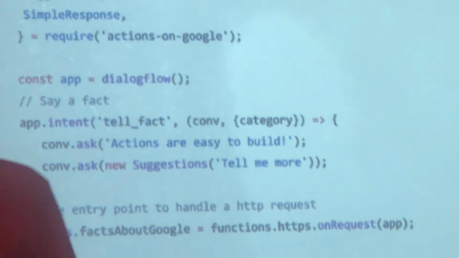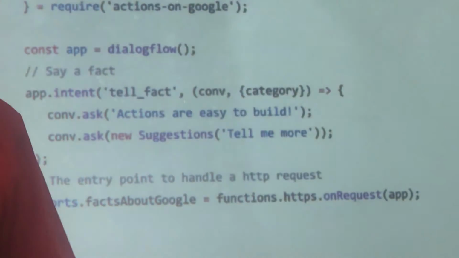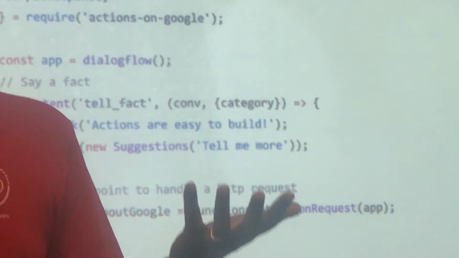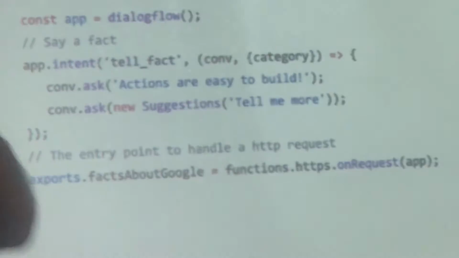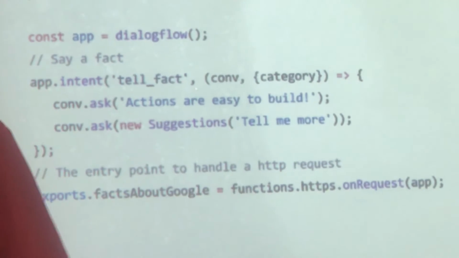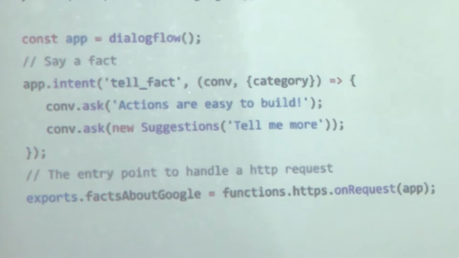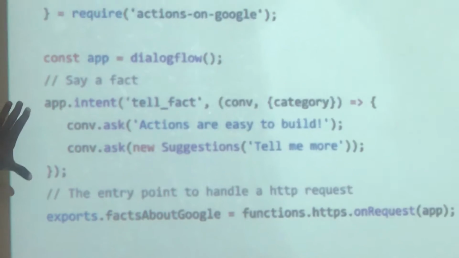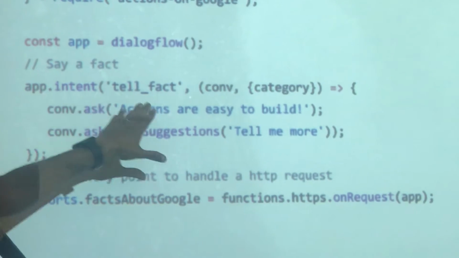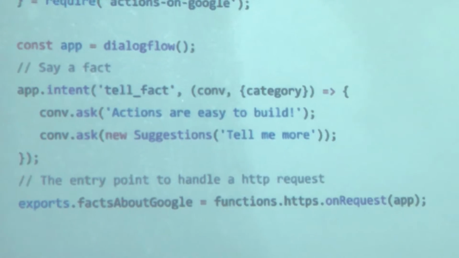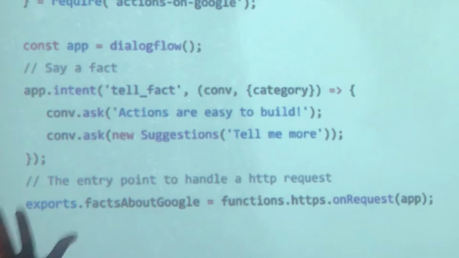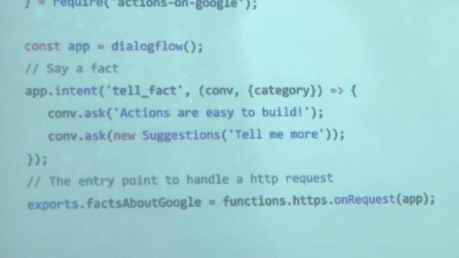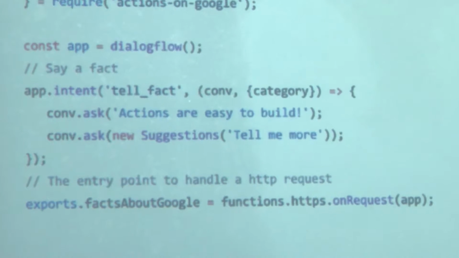So we do provide client libraries that abstract out a lot of these things. We have one today, which is based on Node.js and JavaScript. Here's an example. I know it's probably not very easy to read, but I can read it out: here's an intent called tell fact, and here's how I'm going to respond to it, right? It's very straightforward and simple to use, and you will use that in the code lab today.